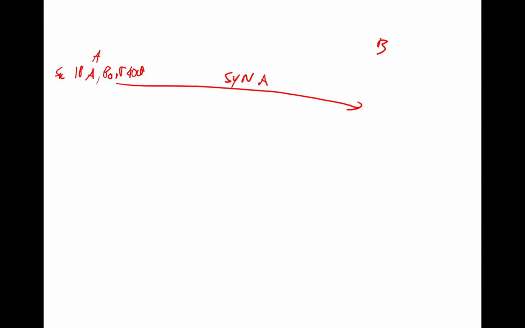So if we have here some message from source IP A to B and port, let's say, 4000. We send a message out, and we also set SYN.